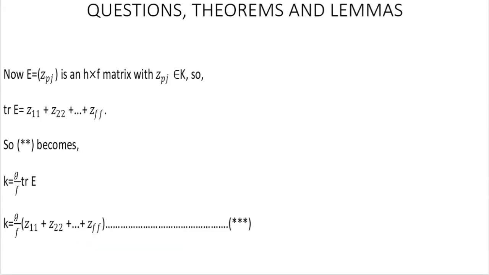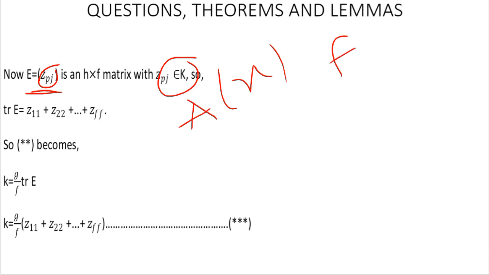Now, from our previous generation, when we're constructing C, we had specified what E was. It's of this form, and these elements are taken from the field K, right? And if you recall that a representation is of degree F, right? And its induced matrix is Bx, right?